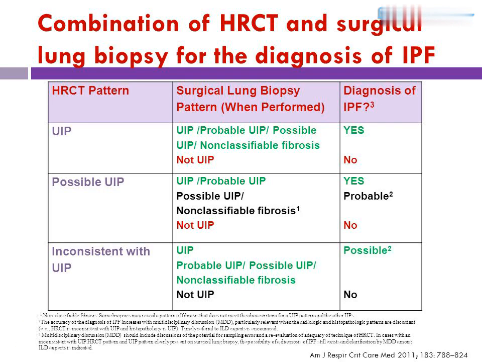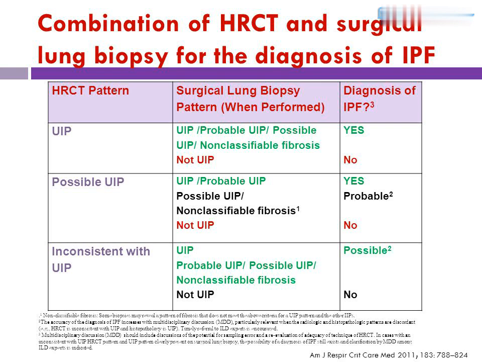Combination of HRCT and surgical lung biopsy for the diagnosis of IPF. HRCT pattern, surgical lung biopsy pattern when performed, diagnosis of IPF. UIP, probable UIP, possible UIP, non-classifiable fibrosis, not UIP. Yes. No. Possible UIP.